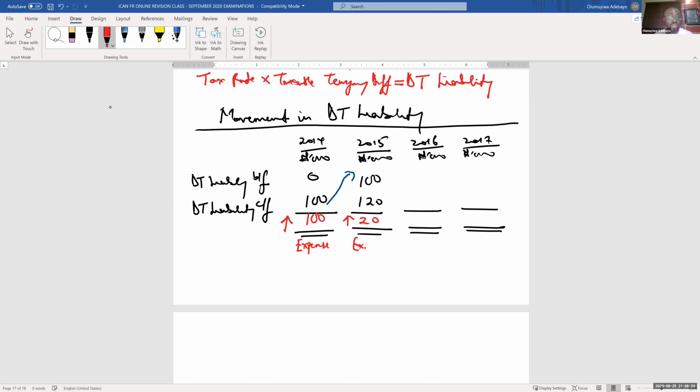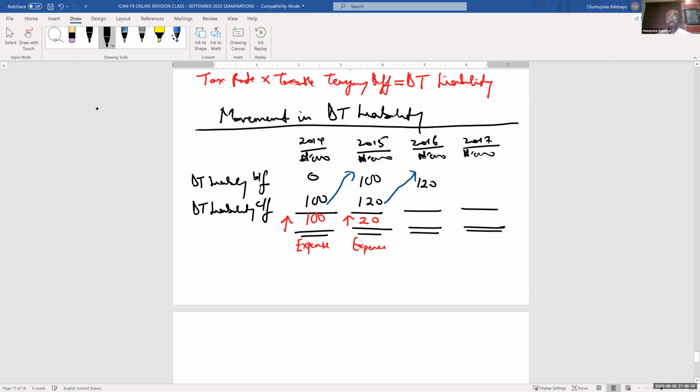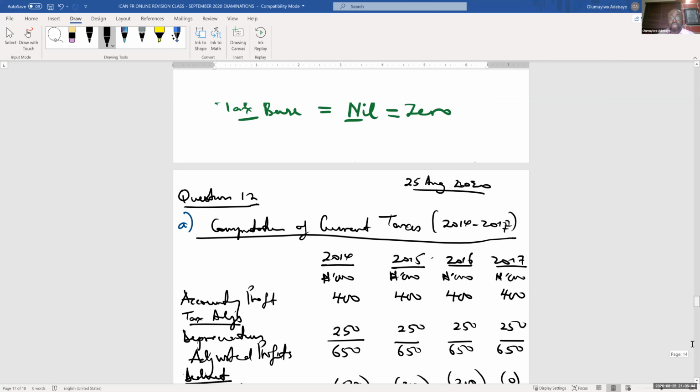Now, also, as I've said earlier, our balance in 2015 of 120 is carried forward. What is our balance as at the end of 2016? 100.